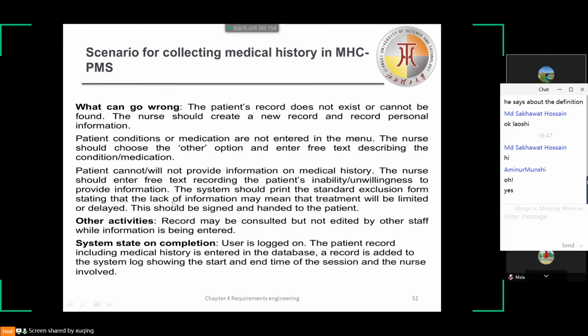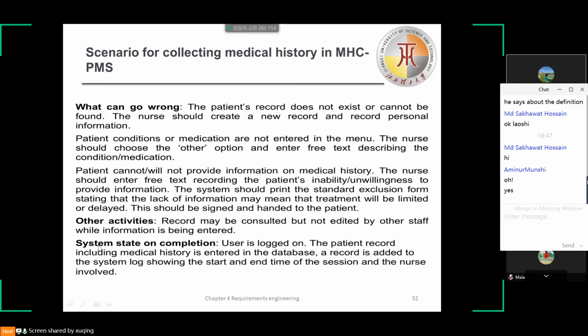We should also include information about other activities that might be going on at the same time. What will be the other activities? Like here, the record may be consulted but not edited by other staff while information is being entered. We should also have a description of the system state, that means when the scenario finishes.